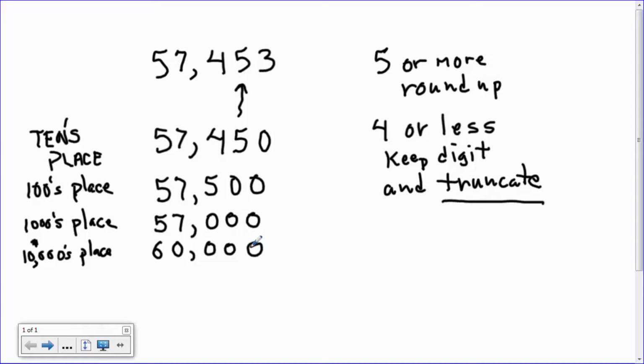Let's look at one more example quickly. And we'll take the number 94,638. And I'll let you help me with this, and you can pause along the way and see it. Let's suppose I have the number 94,638.